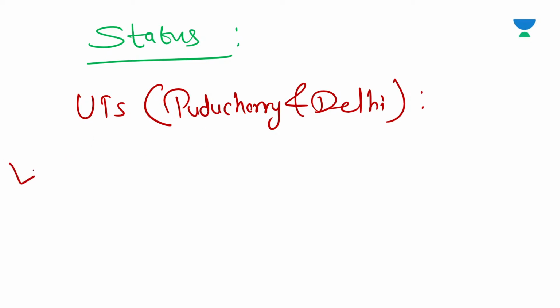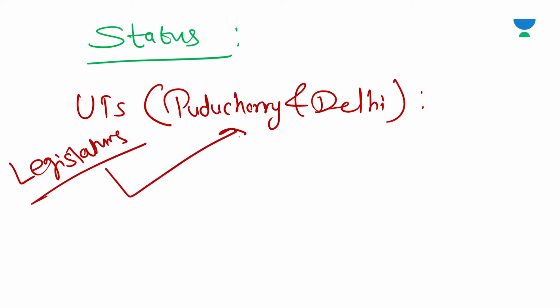So Puducherry and Delhi have their own legislatures, but other union territories don't have legislatures.